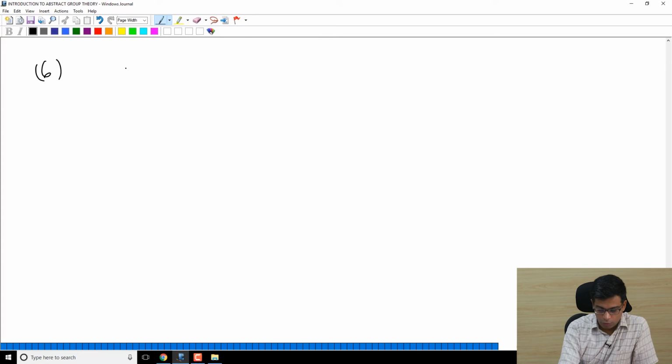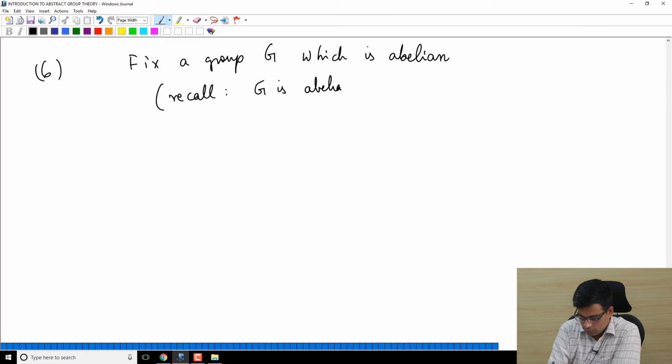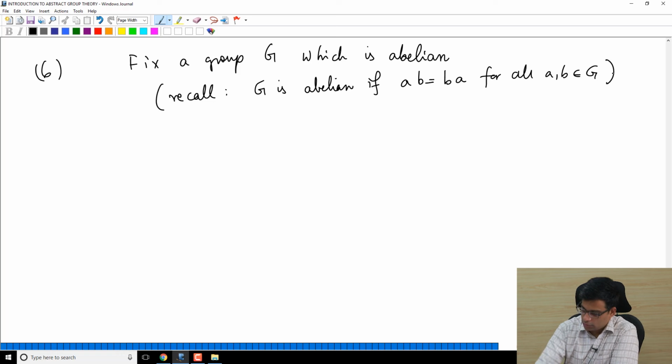Now fix again a group, but assume now that it is abelian. So what is an abelian group? Recall, G is abelian if AB equals BA for all A, B in G. Any two elements in G commute with each other.